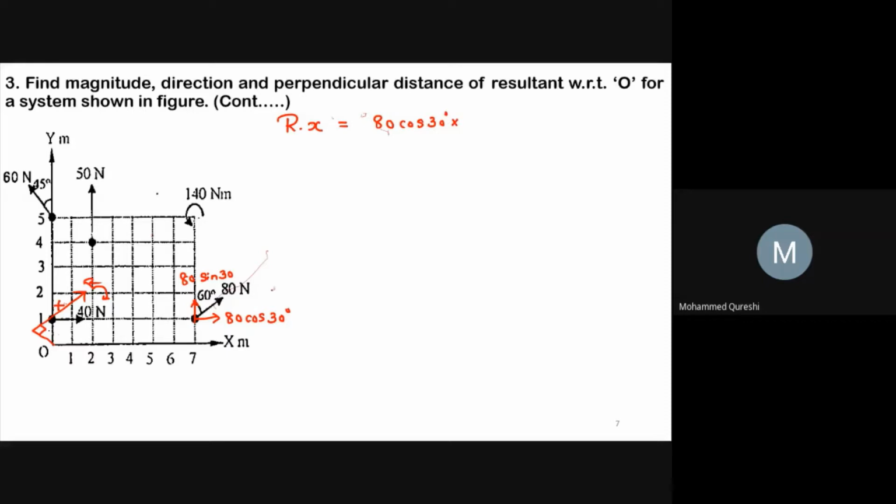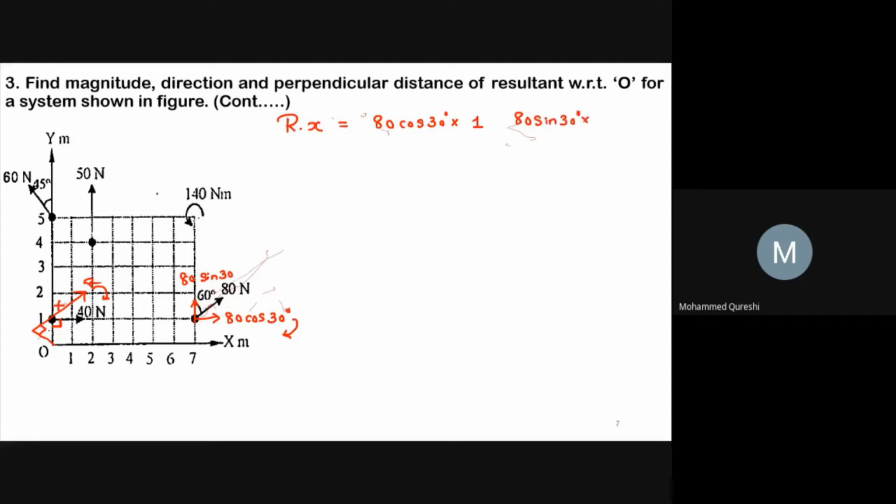into 1, as this 80 cos 30 makes the perpendicular distance with respect to point O as 1. So 80 cos 30 into 1, and it will move towards point O in the clockwise direction, hence it will be positive. Next, 80 sin 30.